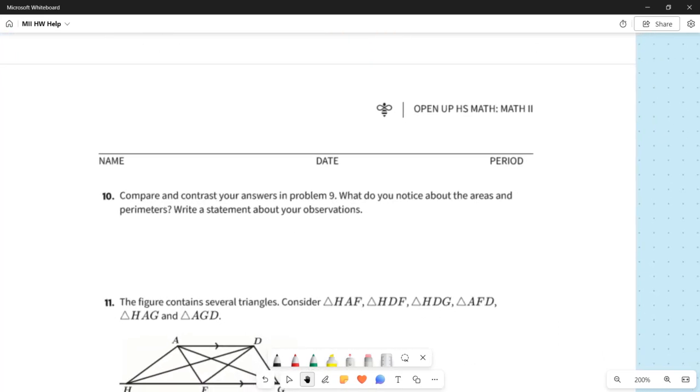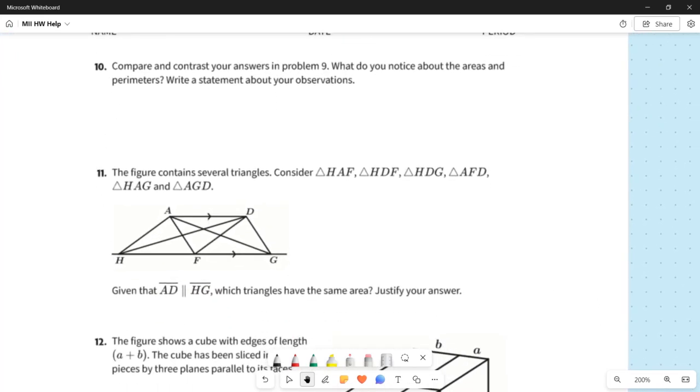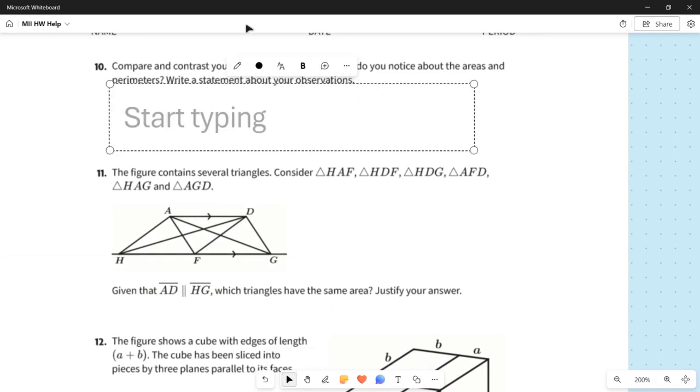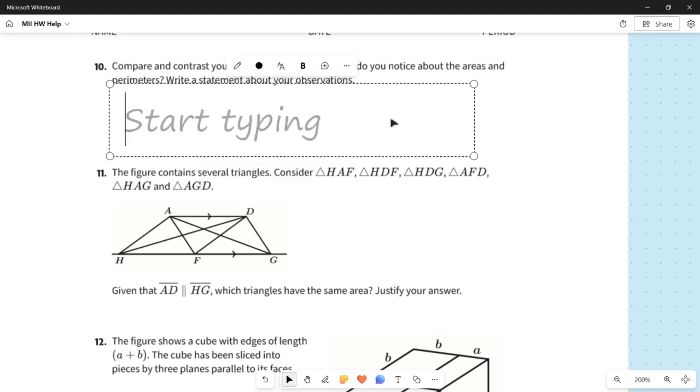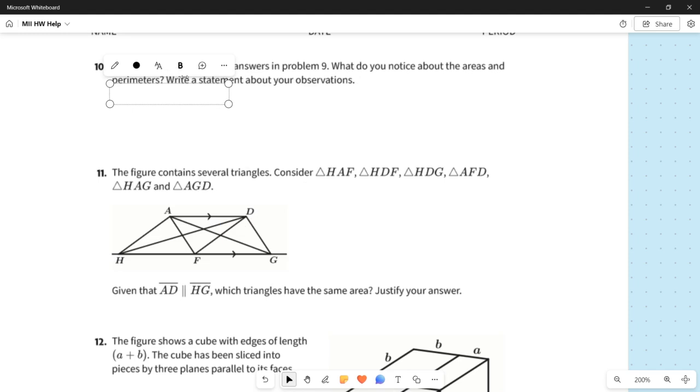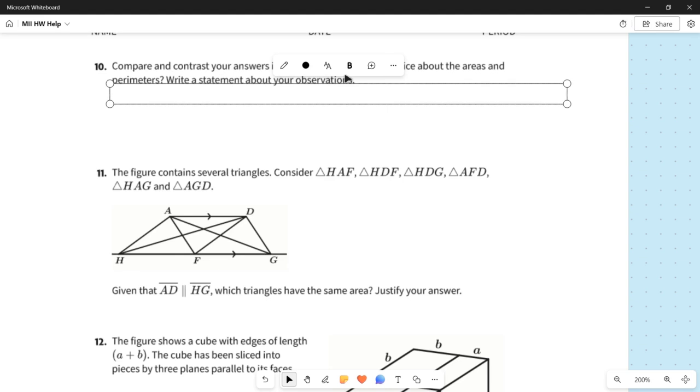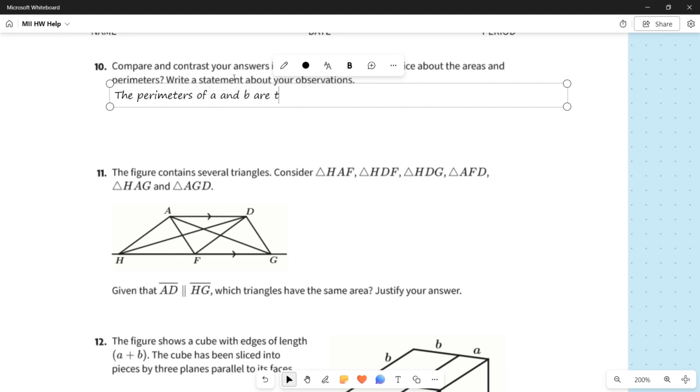All right, so let's try to put that into words here. We can make some observations. We identified that the perimeters of A and B are the same, but the areas are different.